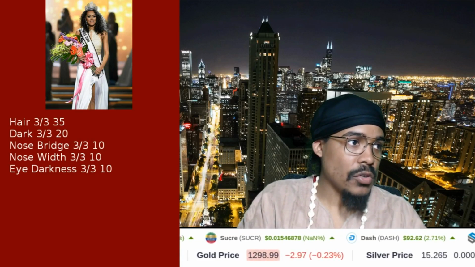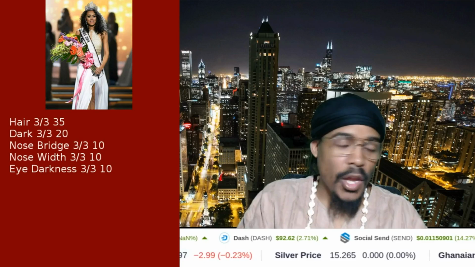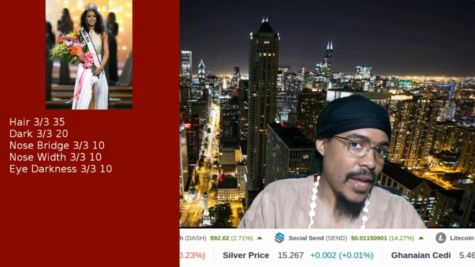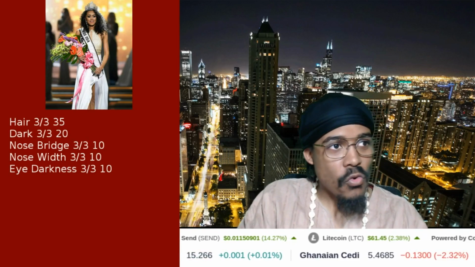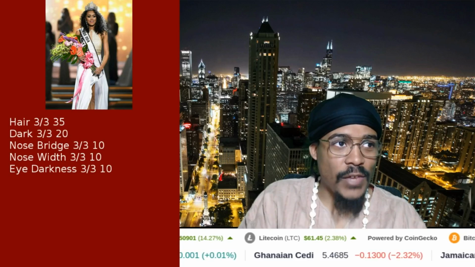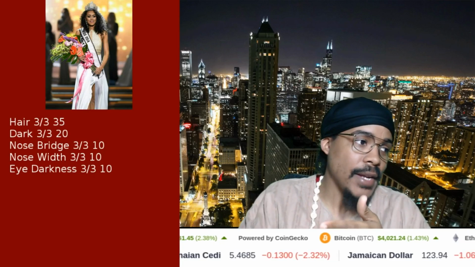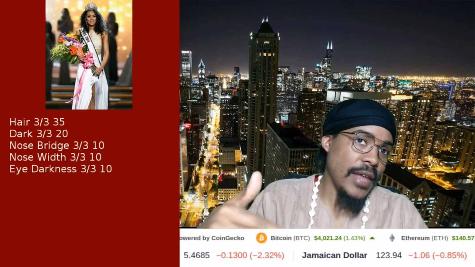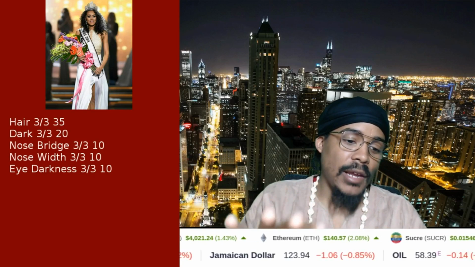Nose bridge, nose width, and eye darkness, they're there too, but with the coil in the hair, it's really tough to find somebody who has level 1 of all the other features but level 3 hair. It's really hard unless they're an albino, and albinos we look at differently in the tool.